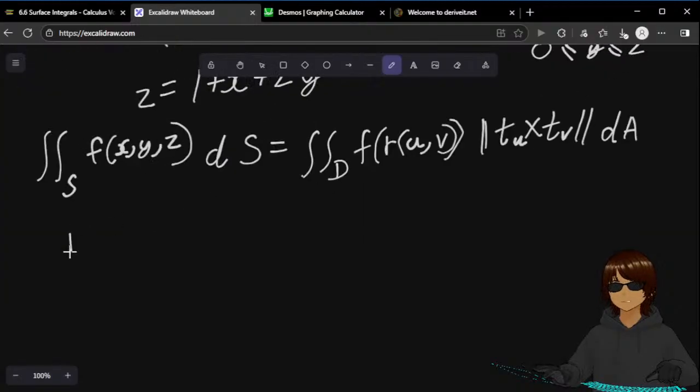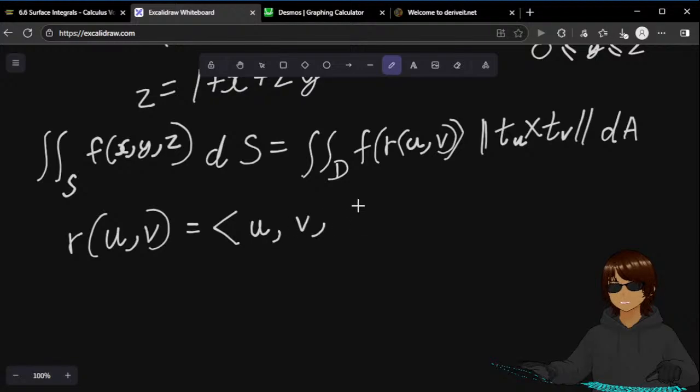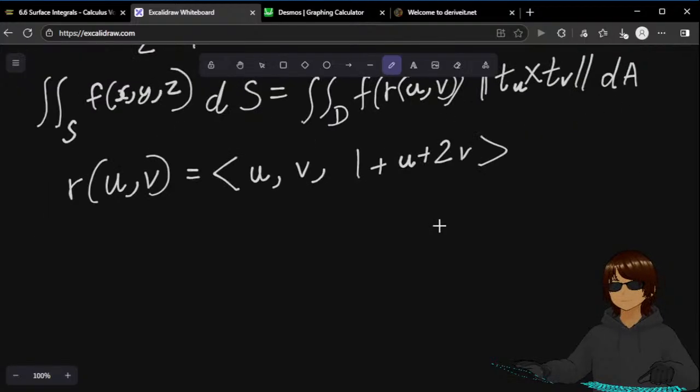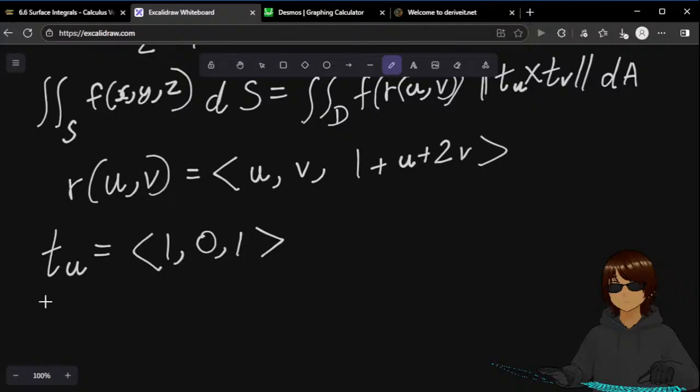So wait, r(u, v) is u, v, 1 plus u plus 2v. The rows are i, j, k, then 1, 0, 1, then 0, 1, 2.